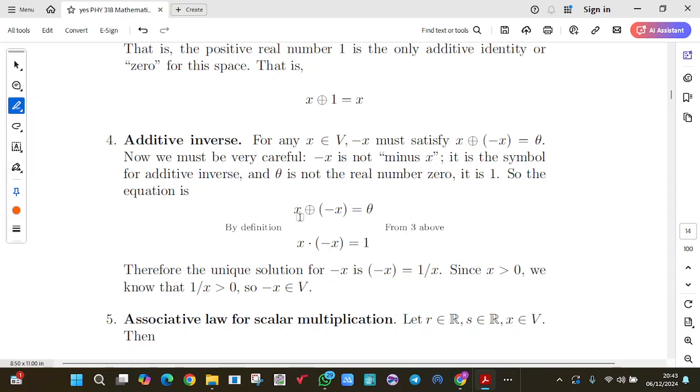By definition, this will give you this dot that, that is to give you minus x squared, right? So therefore, the unique solution for minus x is: what are you going to put for this minus x to give you 1?